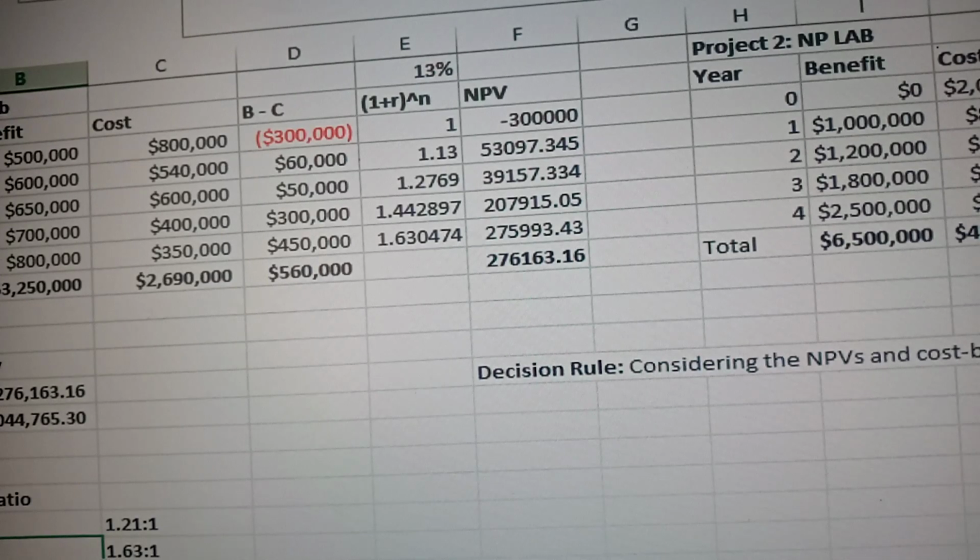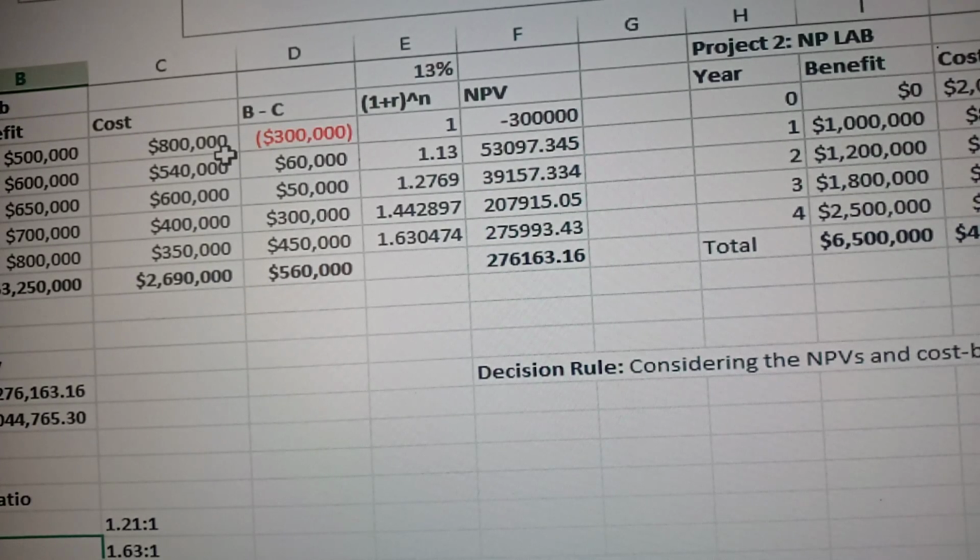In column A, we have project A, restoration of product lab, and the year, from 0 up to 4. In column B we manually enter the benefits for the periods from period 0 to 4. We enter the related cost in the next column, that is C.